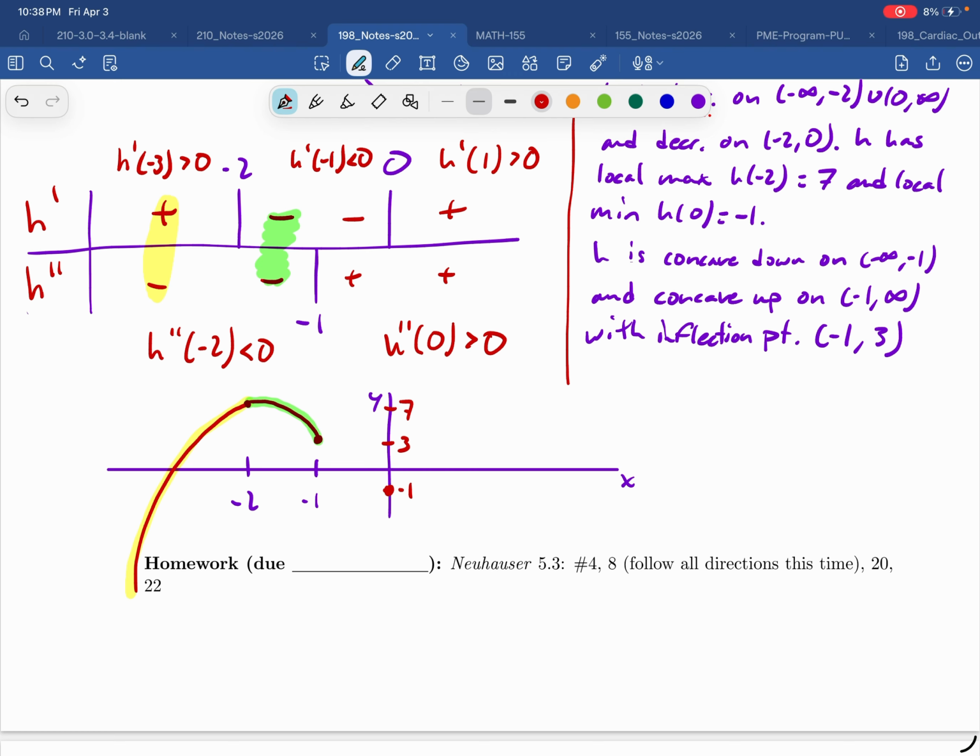And then we have a curve where we're decreasing, but we're concave up. So this corresponds to this. And then last, we are increasing and concave up. And that's our curve. And there we go.